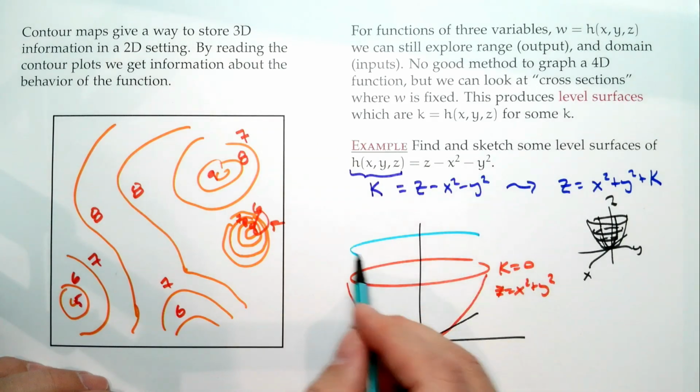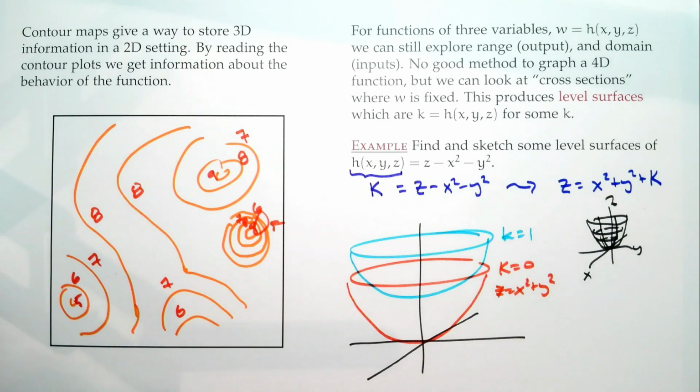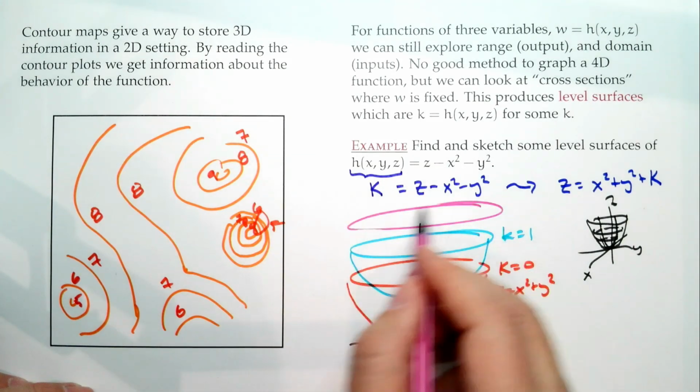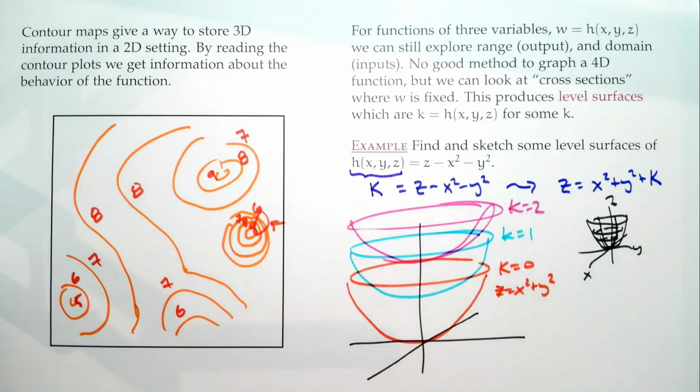It'd be the same bowl, but shifted up by 1. What if I set k equal 2? Again, same bowl, moved up by 2. So what I get is that the level surfaces are bowls. And this is one example. There are many possible, but that's it for time. So we'll pick up again next time.